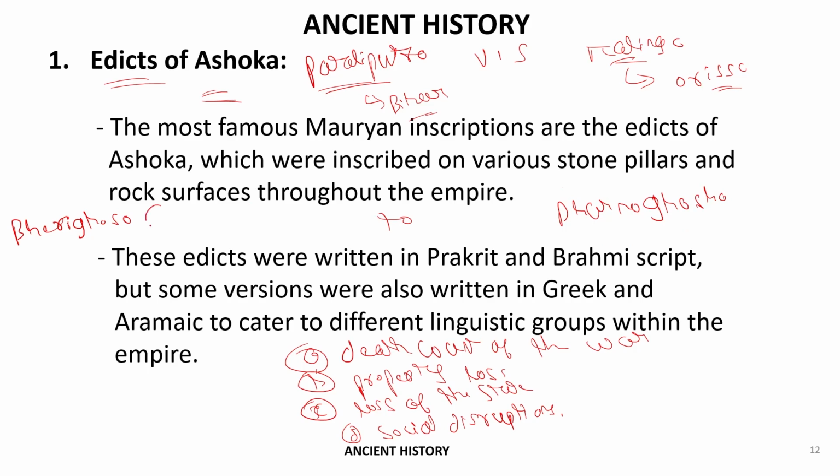Okay. Bhairi Ghosha was war strategy, and Dharam Ghosha was welfare strategy. So he changed his war strategy to the welfare strategy, but he did not give up the war. Okay, he didn't become a saint. He was still the ruler, but he didn't want to fight anymore because of these four reasons.